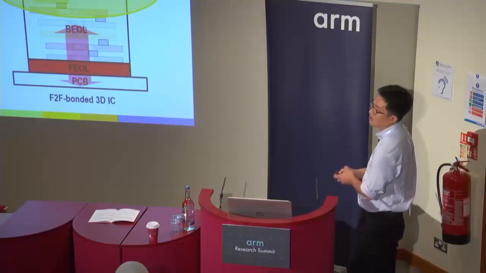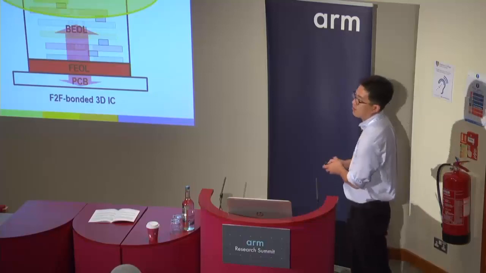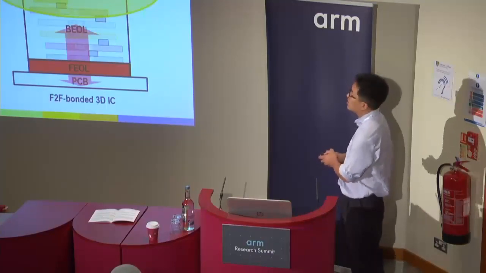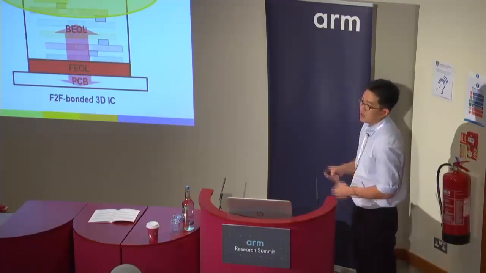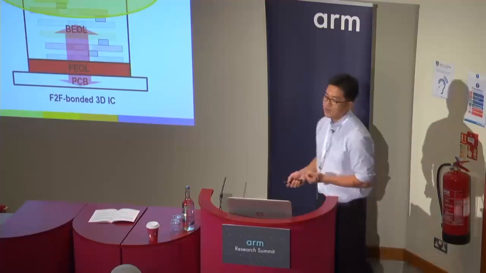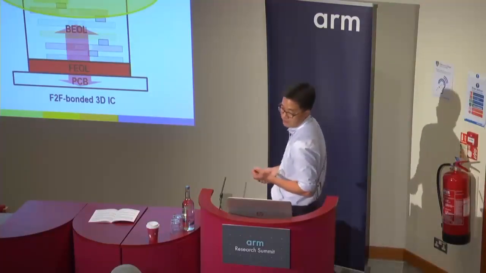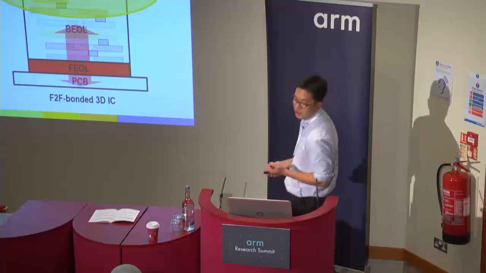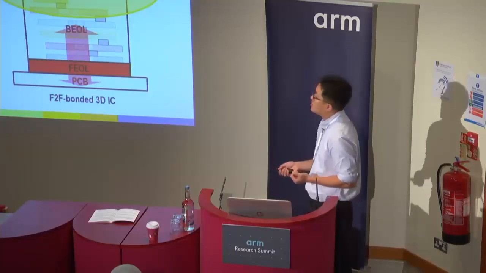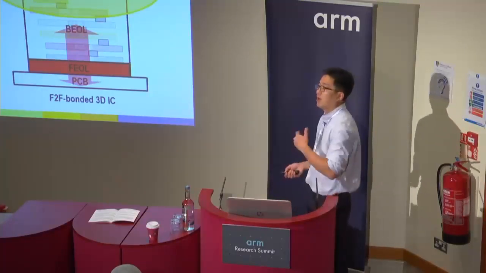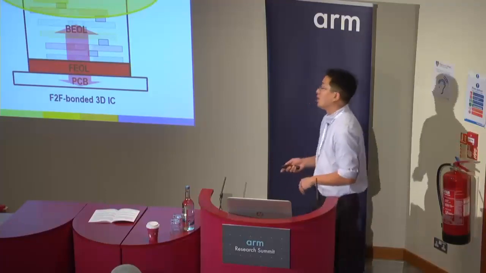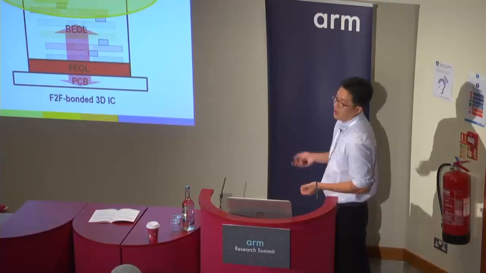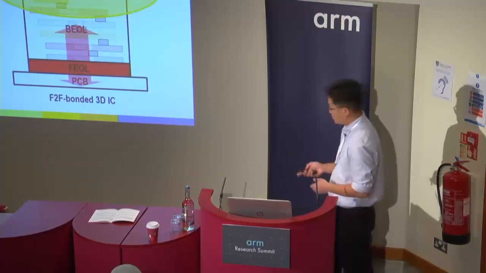But there is also heat that can be trapped in the middle of the 3D IC in this area, making the F2F bonded 3D IC more susceptible to increasing frequency, and also giving it a higher temperature compared to the 2D design.